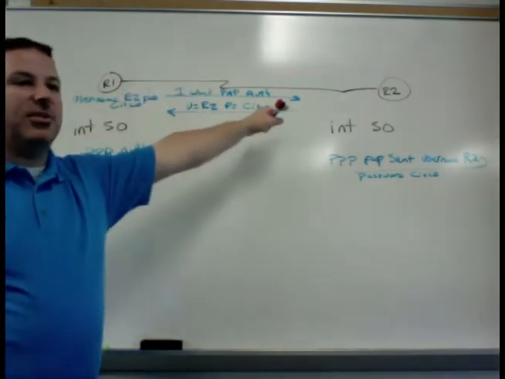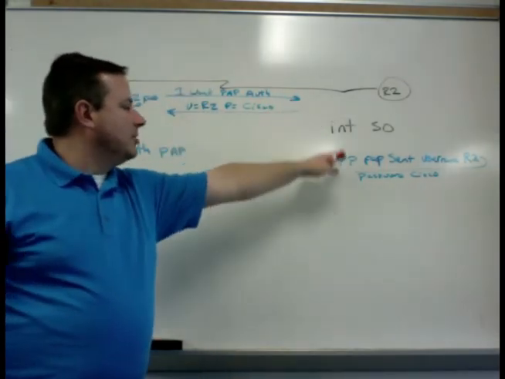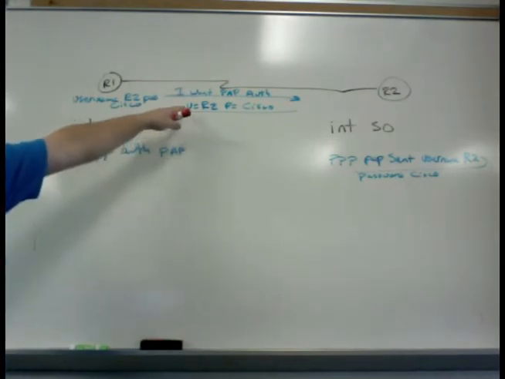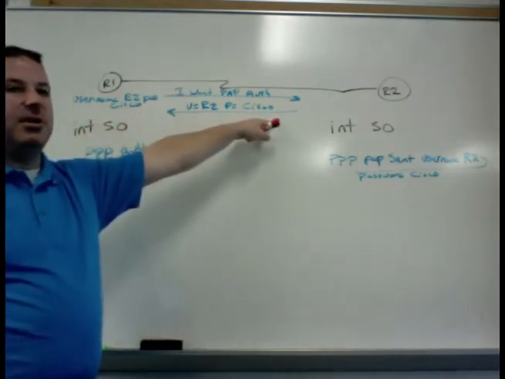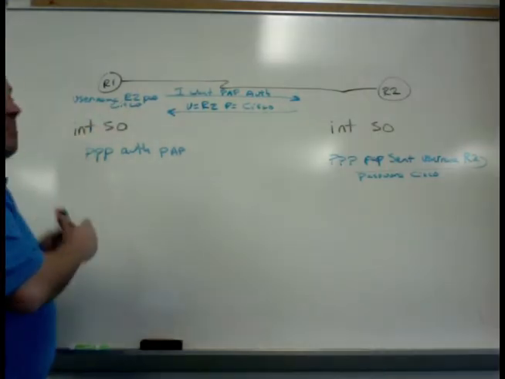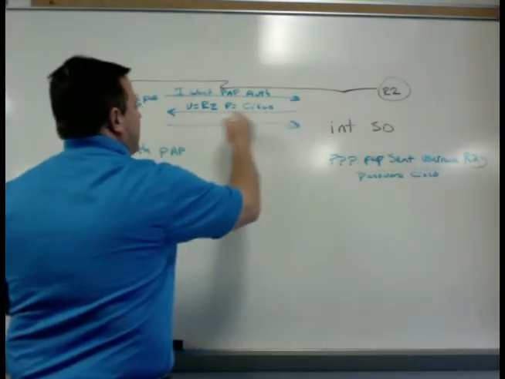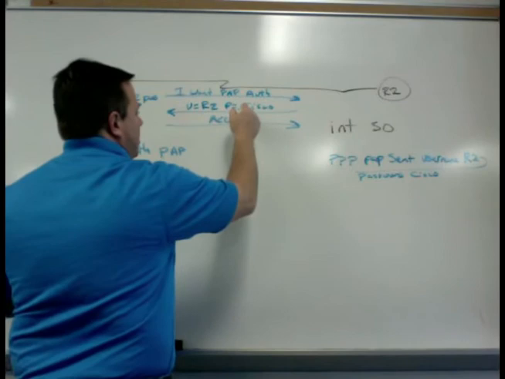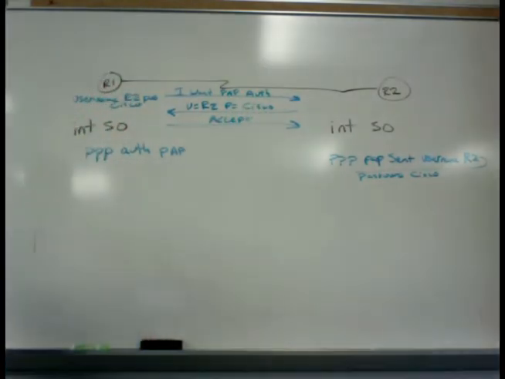I said, hey, I need you to authenticate PAP. Router 2 sent me a message back that says, okay, here's my username and password. I have a username and password defined. It matches, so I send back accept. Make sense?